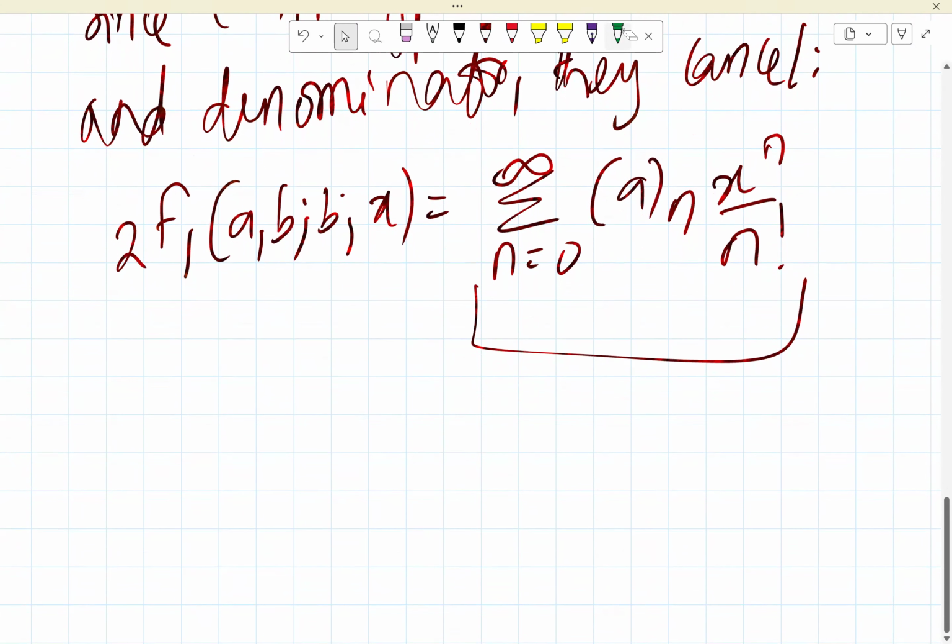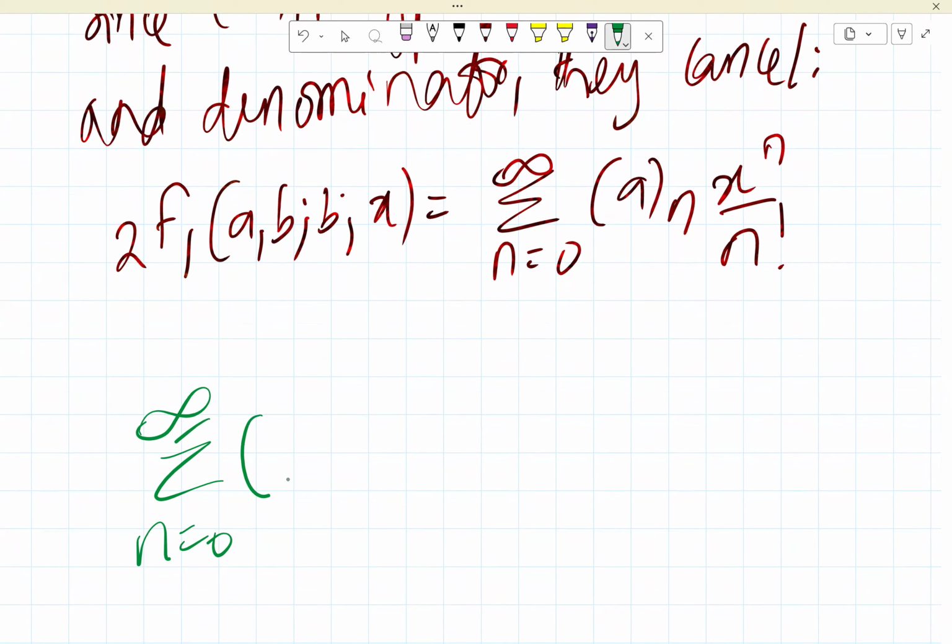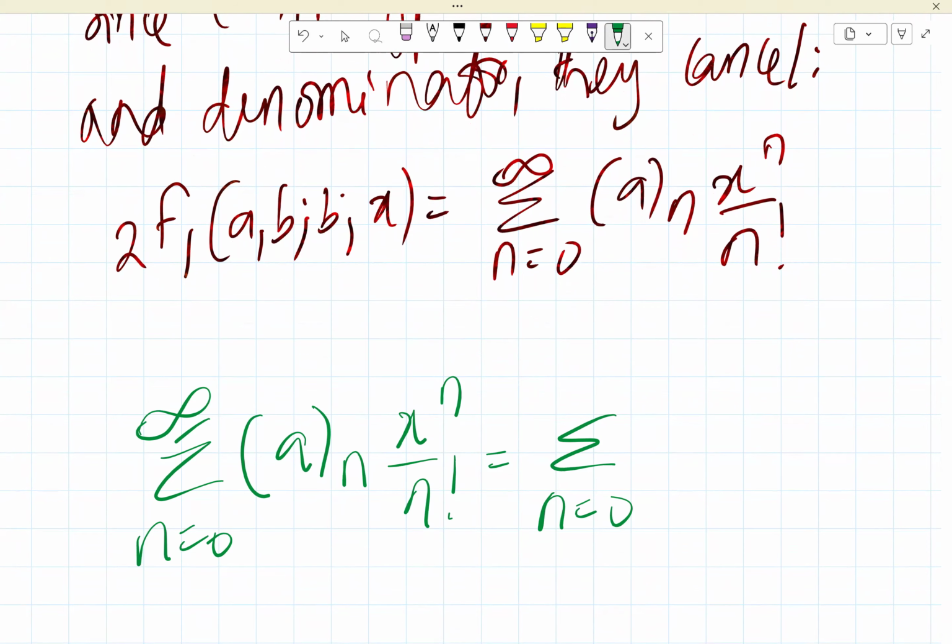So here we have the summation from n equals 0 to infinity of (a)_n x raised to n all over n factorial. We can say this is the summation from n equals 0 to infinity, where (a)_n is still the same thing as gamma(a plus n) all over gamma(a), and this is x raised to n all over n factorial.